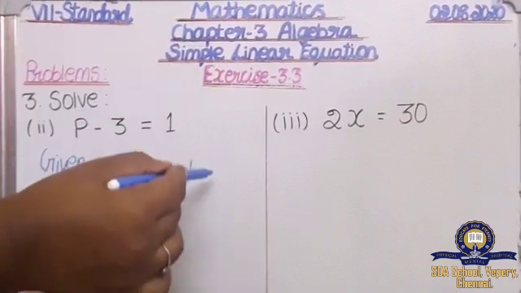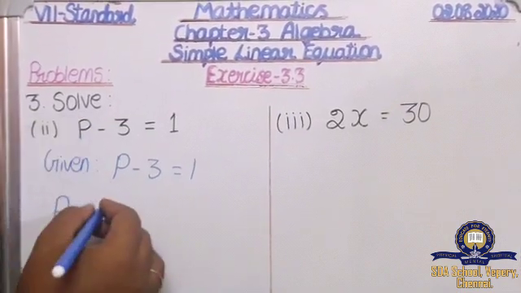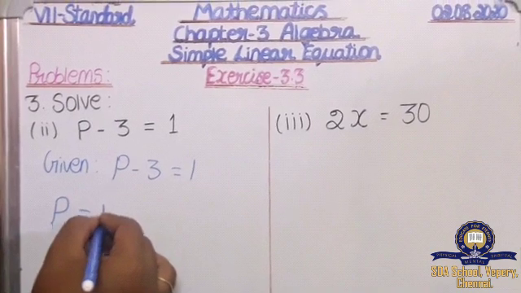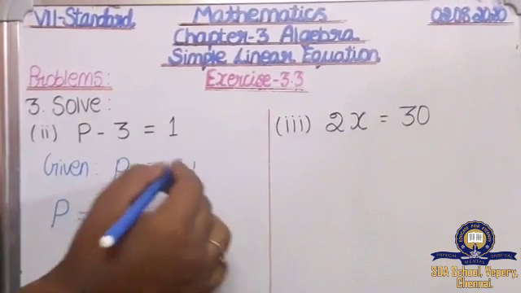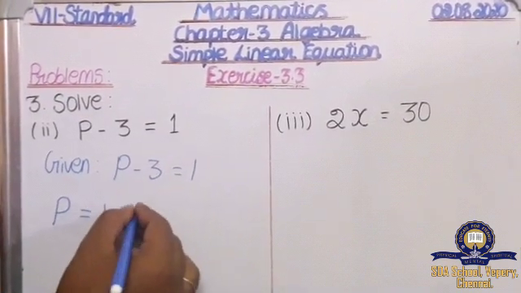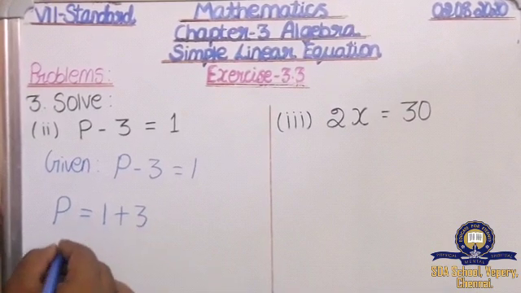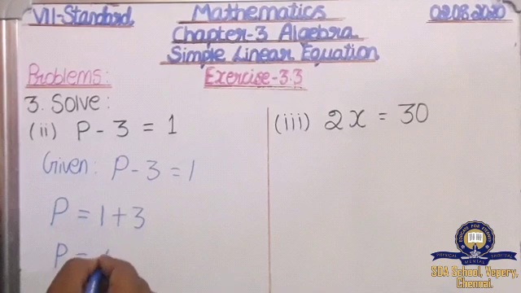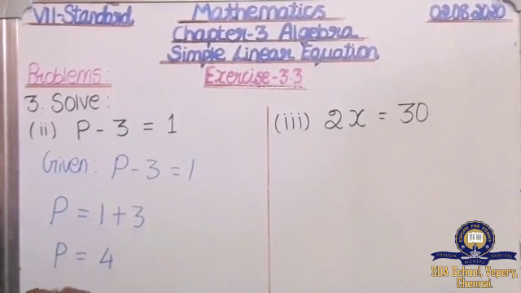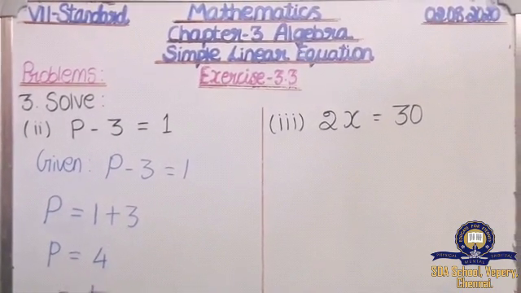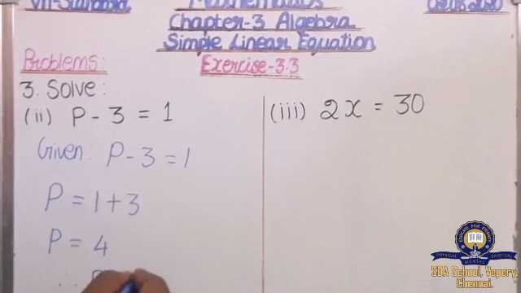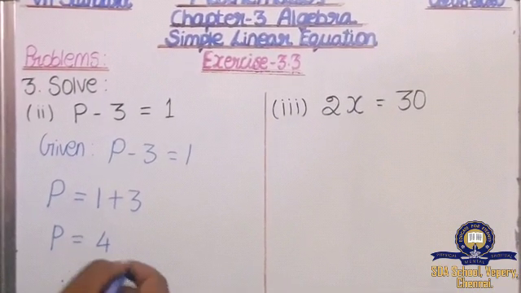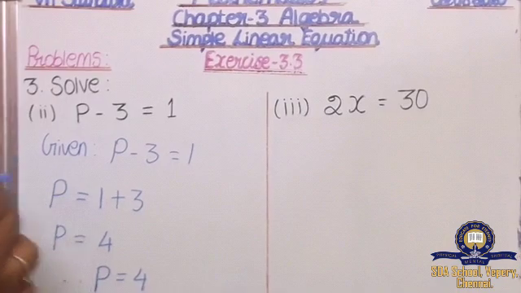It goes to the other side, it will become plus 3. Therefore p is equal to 1 plus 3. Here we need to add these two values. 1 plus 3 is equal to 4. Therefore we find the answer that p is equal to 4. So the unknown variable p is equal to 4.